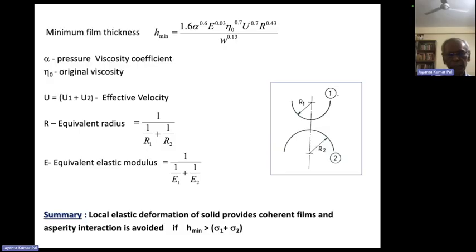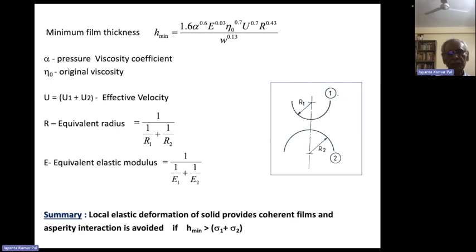Capital U is the combined relative velocity between the two surfaces given by U1 plus U2, which is again an important point in finding the film thickness.